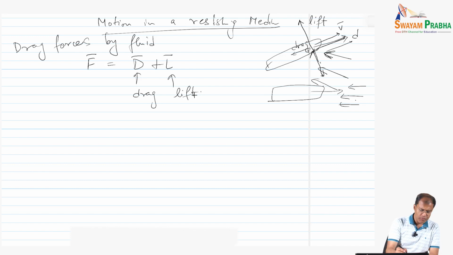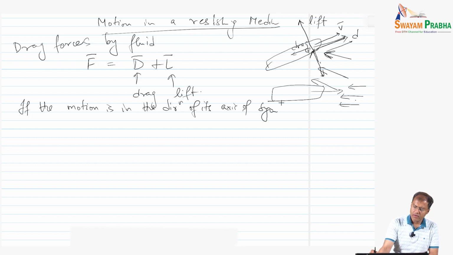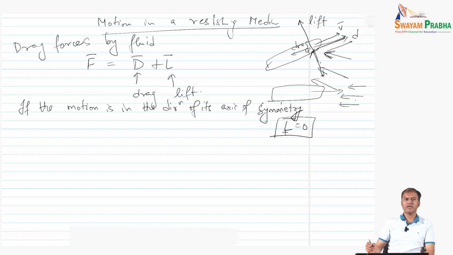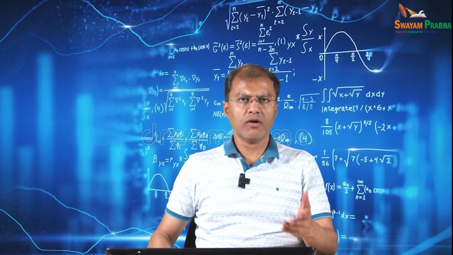Then, if the motion is in the direction of its axis of symmetry, we see that the lift portion is 0.